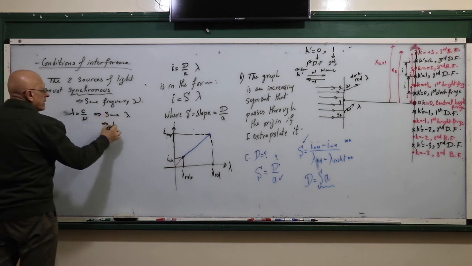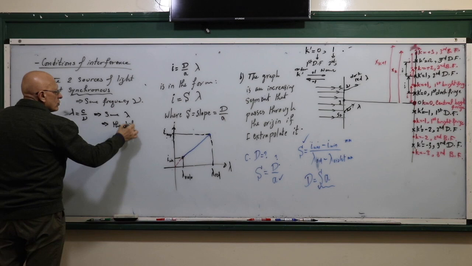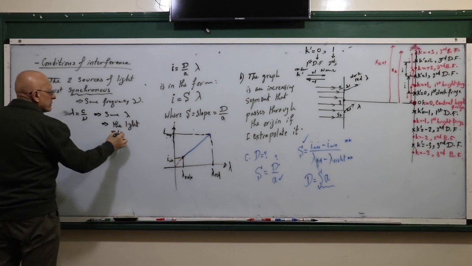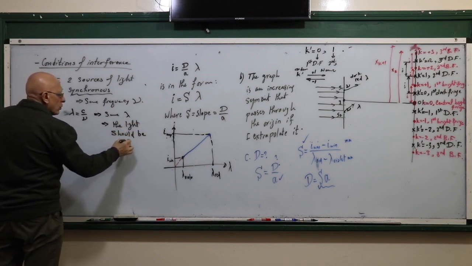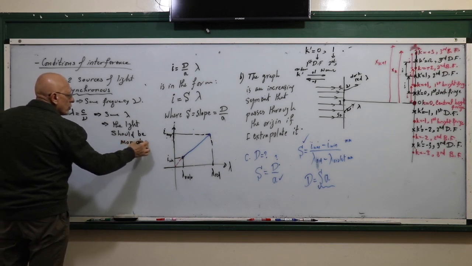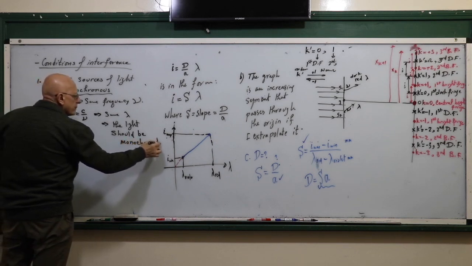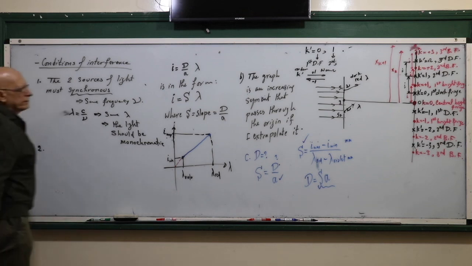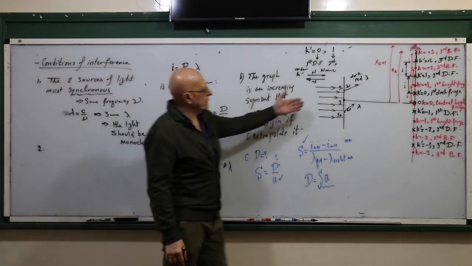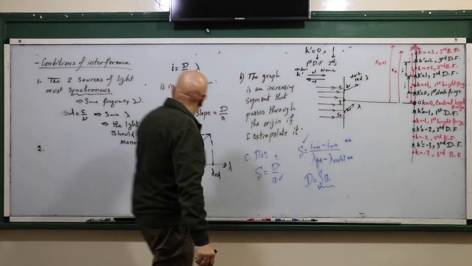This implies the light should be monochromatic. Okay? Monochromatic means same frequency, same lambda, okay?